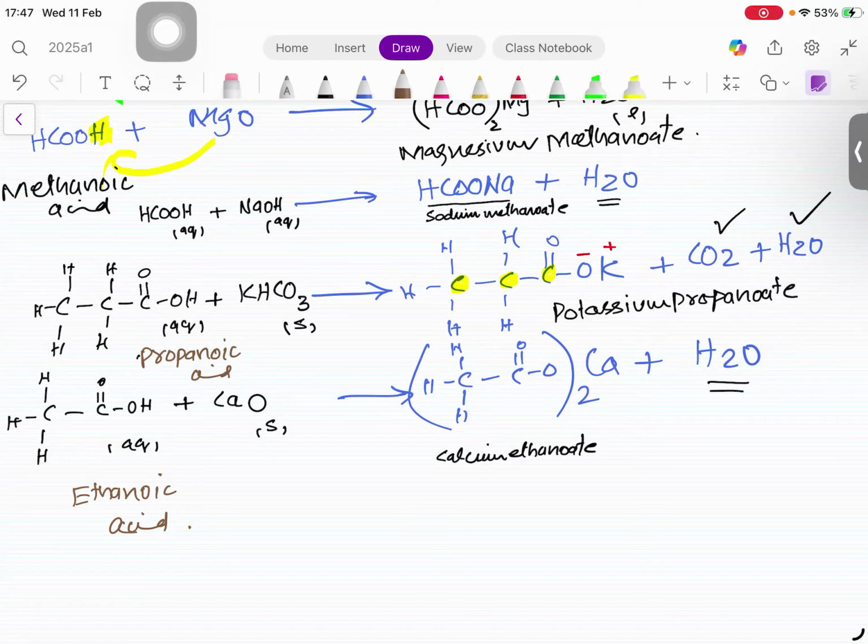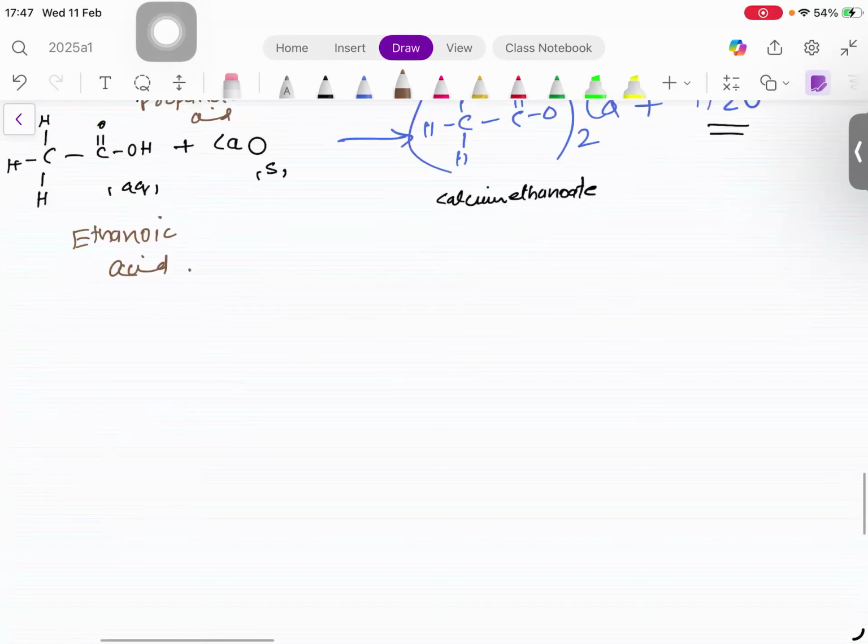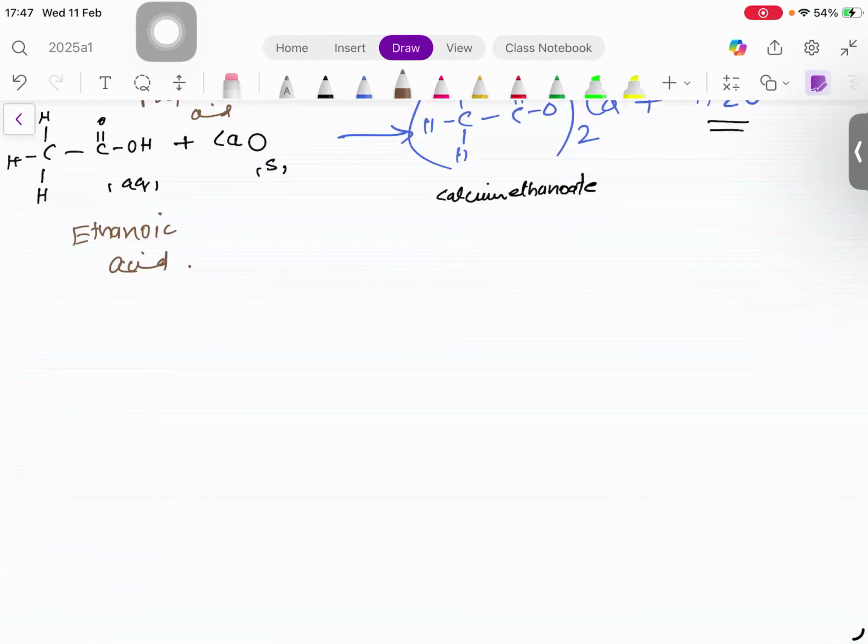You got it? Okay, one more reaction of acids that we also study there, but I'll tell you here as well. Please give a heading: ionization of carboxylic acids.